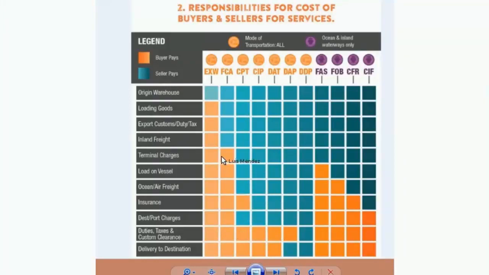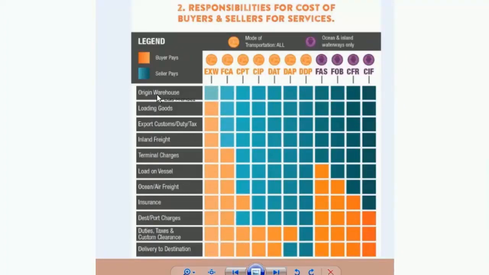It means that the buyer pays, and the green ones mean that the seller pays. In the Incoterms, we're not going to see it like we saw it on the previous graphics. We're going to see it this way, okay?